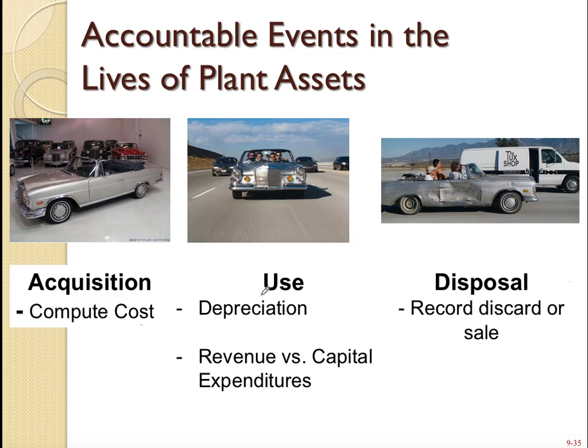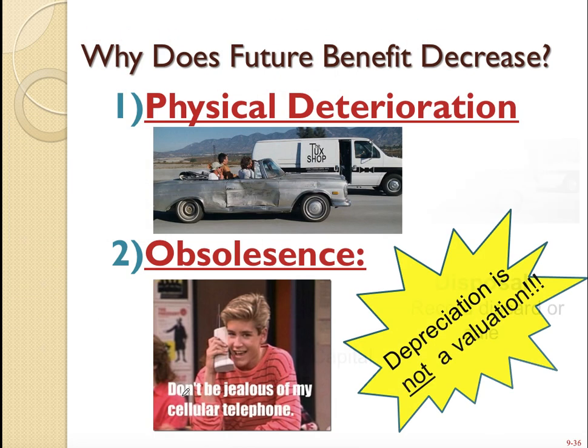All right, so now we are on to the third phase of the life cycle of the asset. We're still in the second phase, which is the use phase. But now we're going to talk about revenue versus capital expenditures. So what does that mean? Well, we talked about how future benefit decreases because of things like physical deterioration. Things start to break down, they start to get slower. So there are actually things that a company does to counteract that.